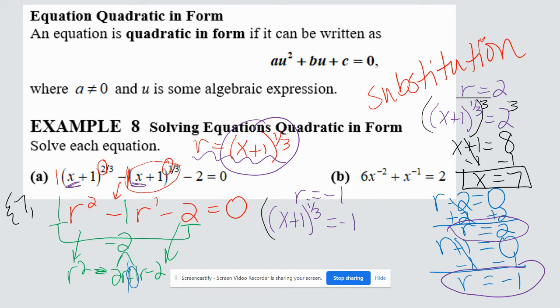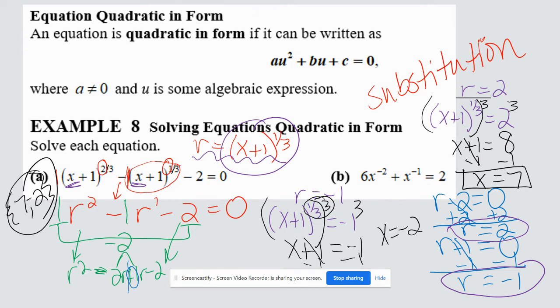Again, the reciprocal of a third is 3, so we're raising both sides to the 3rd power. 1/3 times 3 is 1, so it frees that x plus 1. -1 to the 3rd power is -1. The last step to getting x alone, we're subtracting 1 from both sides, and we get x is equal to -2. So our solution set is 7, -2.